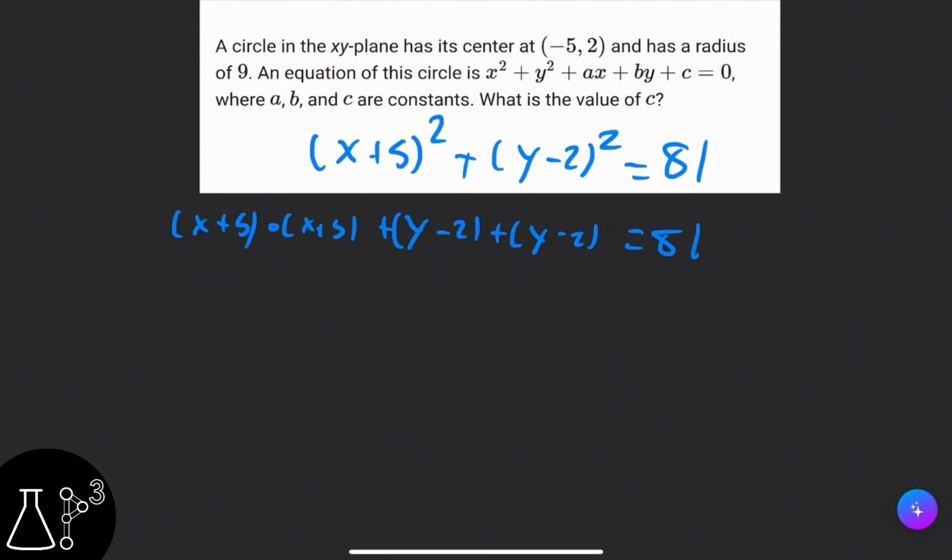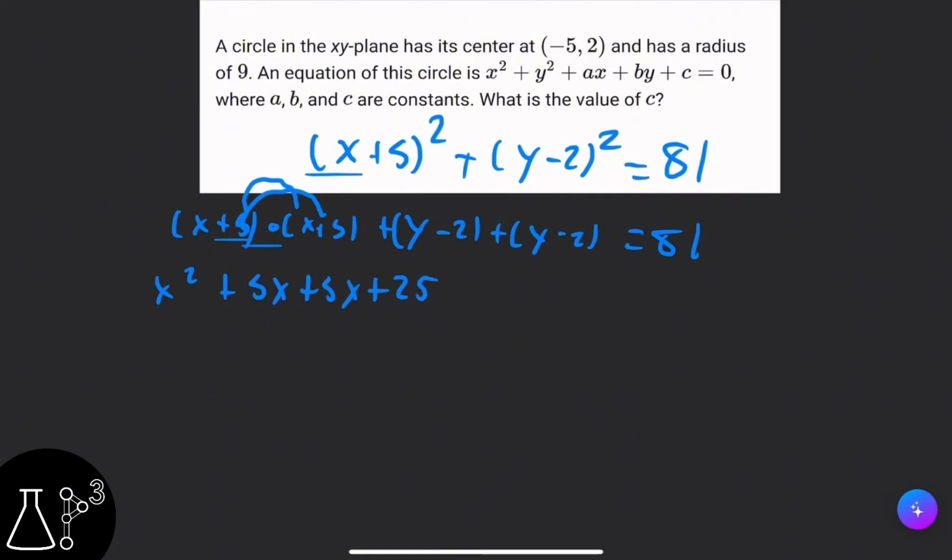So let's do the x side. x multiplied by x is x squared. We just use FOIL. x multiplied by 5 is plus 5x. We do the same thing: 5 multiplied by x is plus 5x. And 5 multiplied by 5 gives plus 25.